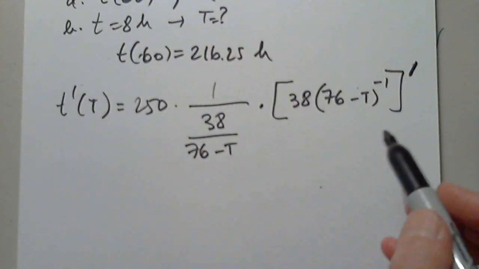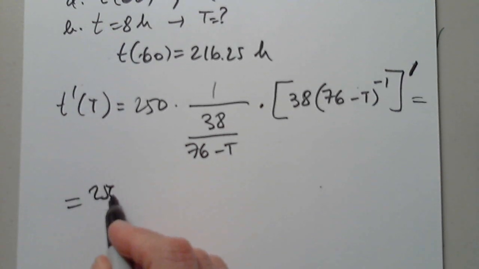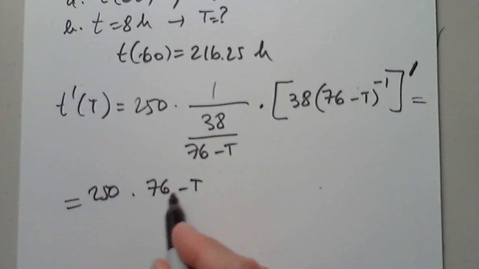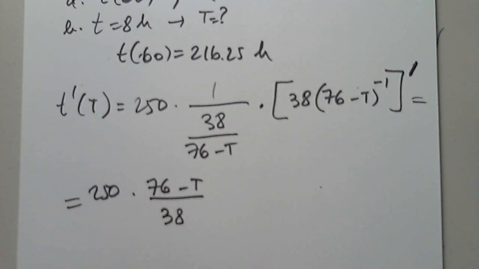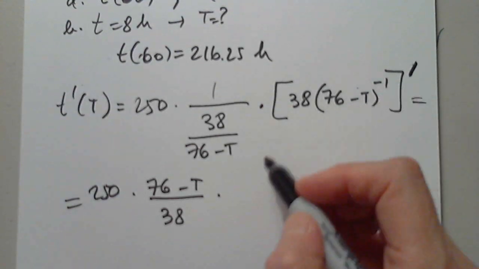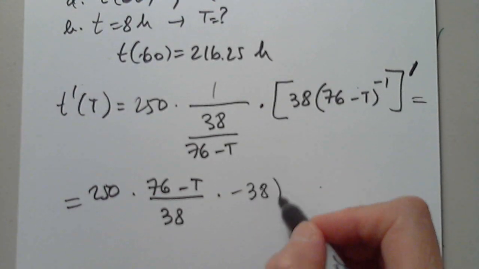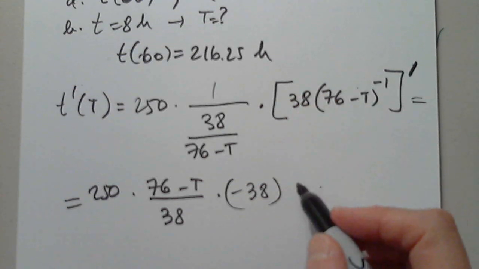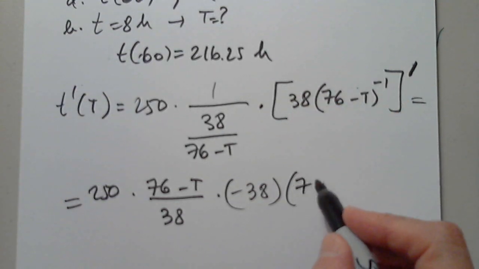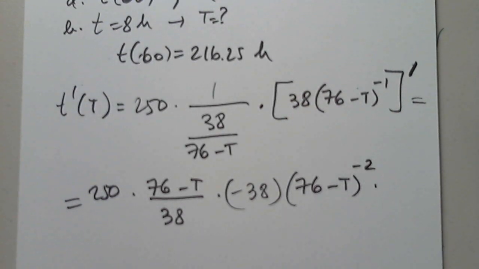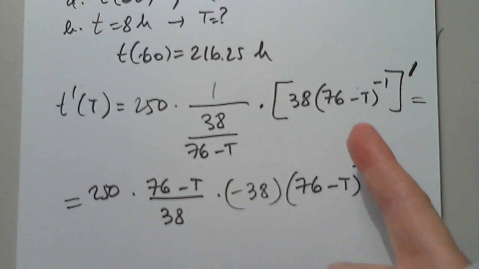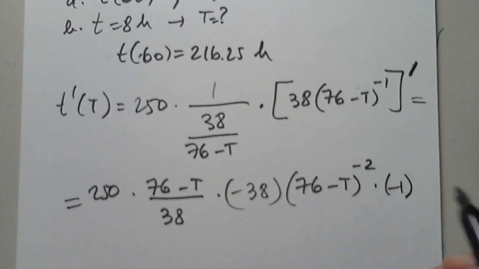I'm going to flip here. So I have 250 times 76 minus t over 38 times negative 1, because I have to bring down the exponent. 76 minus t to the negative 2 times the inner function prime, which is negative 1.